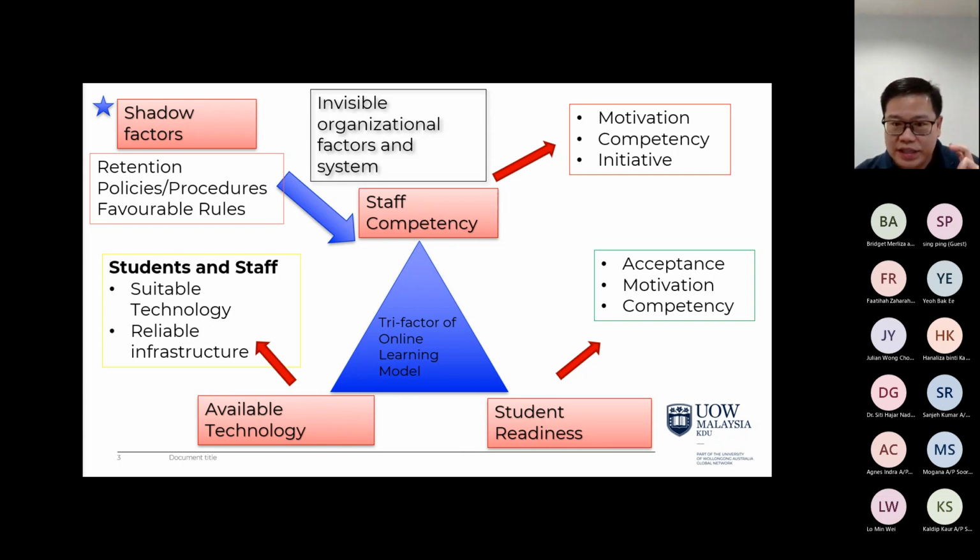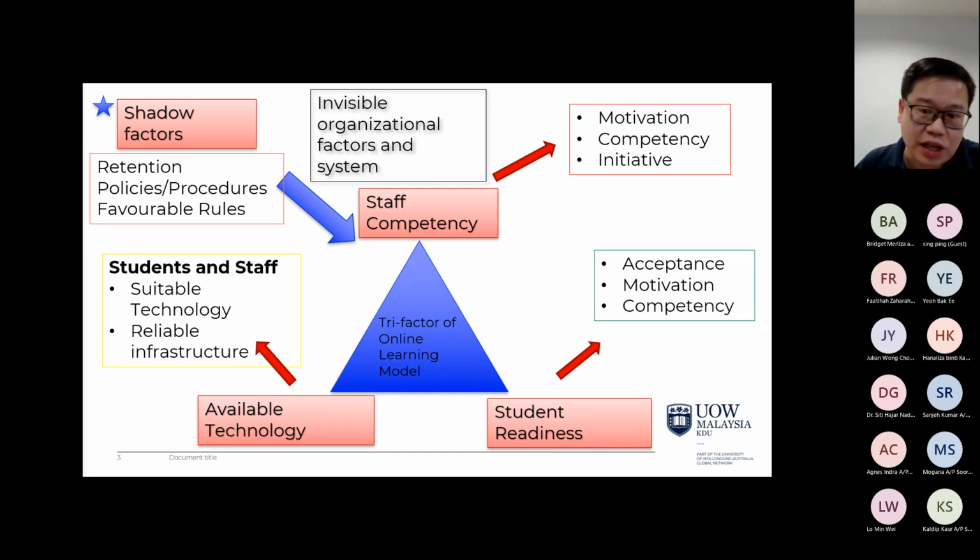Once students accept reality, that this is how it is going to be, then in their nature they will adapt to the situation. They will take further action to ensure they comprehend and they learn. Okay, so if I think, okay, this is just my thought.